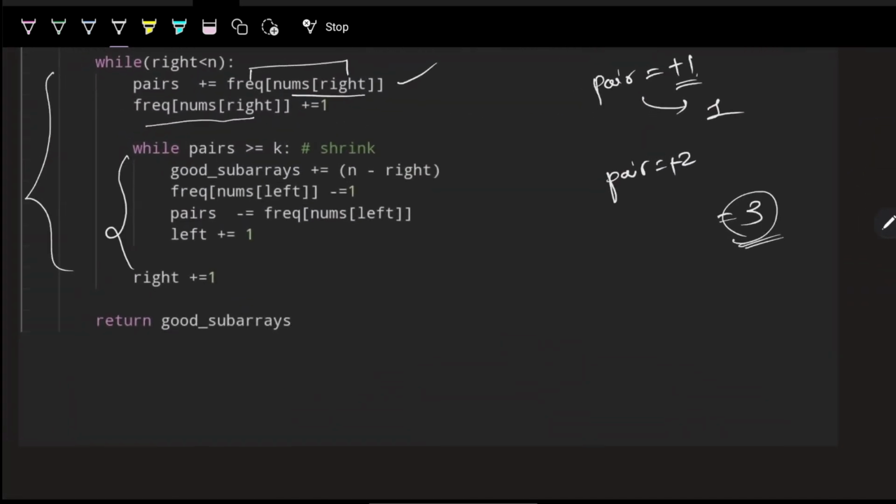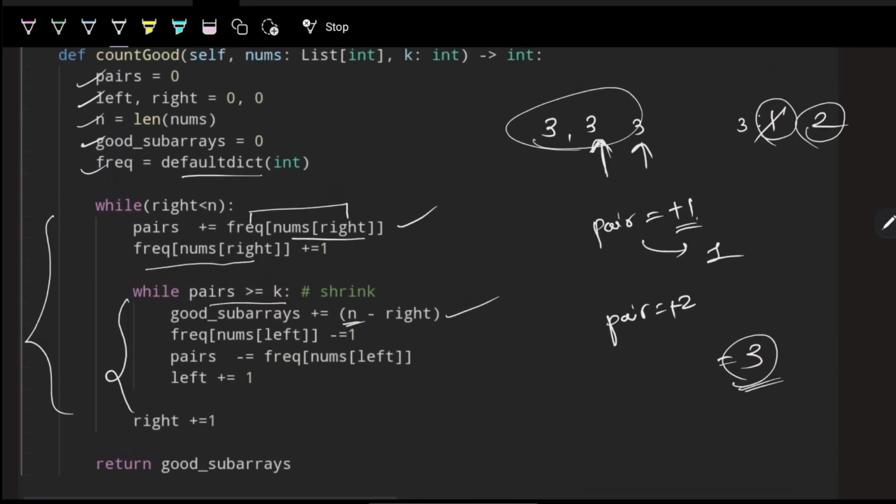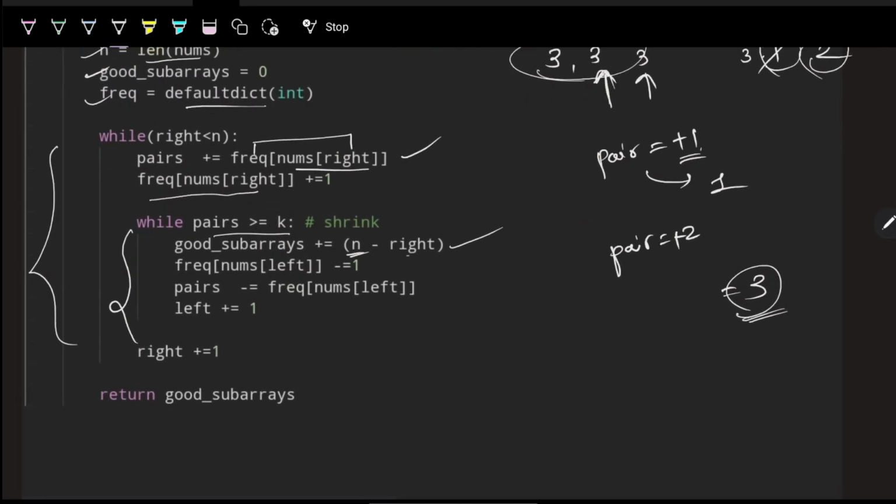Now the shrinking logic is that whenever I am getting pairs greater than or equal to k, first I count the number of good sub arrays. So what will it be? n is the length of the array, minus the right index, that is our count. Then I am decrementing the frequency of the left index element by 1. Then I am removing it from pairs as well.